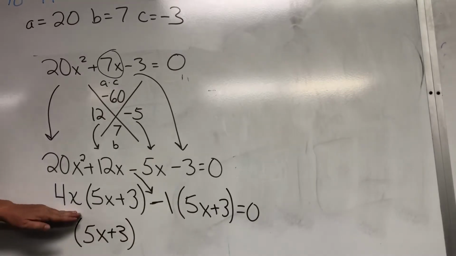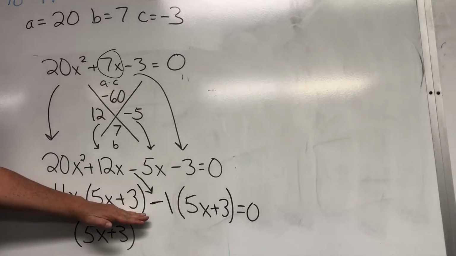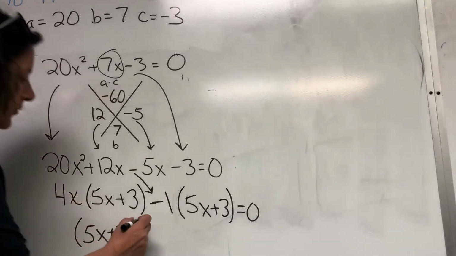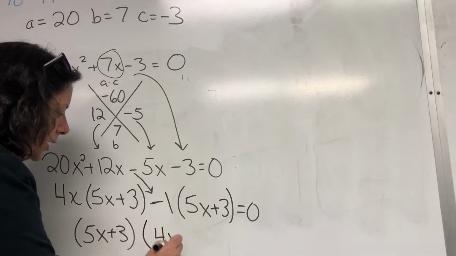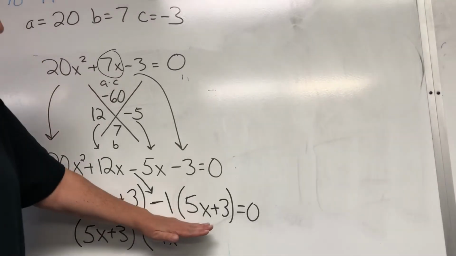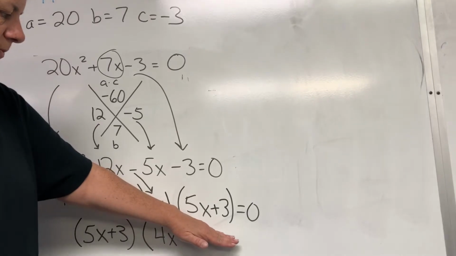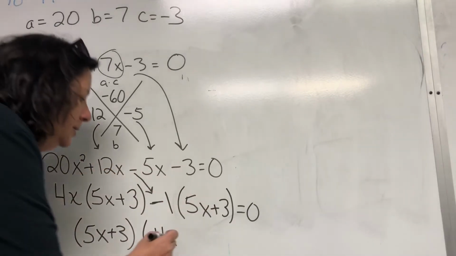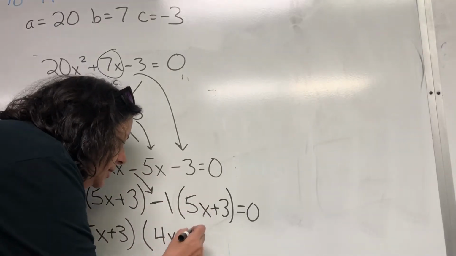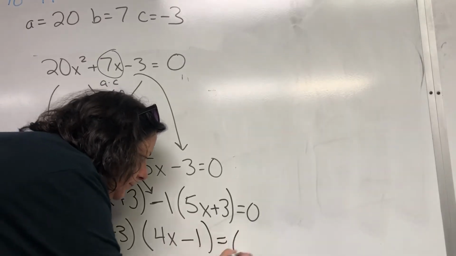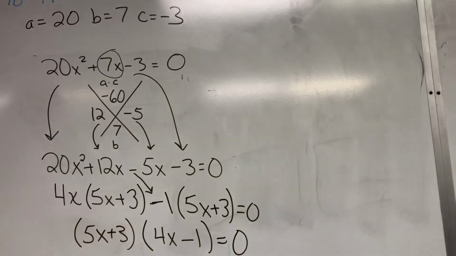Since this was 4x times 5x plus 3, when I factor out the 5x plus 3, I am left with a 4x. And since this was negative 1 times 5x plus 3, when I factor out the 5x plus 3, I'm left with a negative 1. And those are the factors.